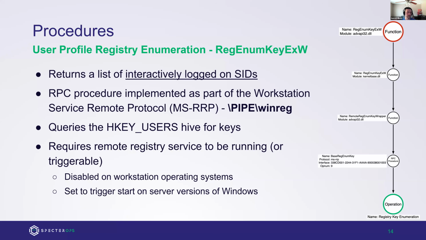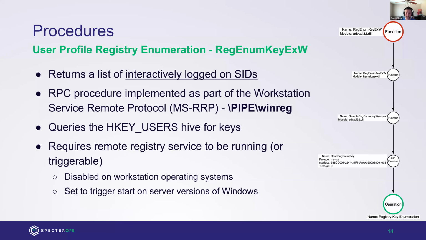Access on this requires the remote registry service to be running or at least triggerable. On workstations like Windows 10 and Windows 11, that's generally disabled. Although I've seen, and putting my detection engineer sysadmin hat back on, thinking about GPOs: do I have a GPO that enables remote registry on all my workstations?